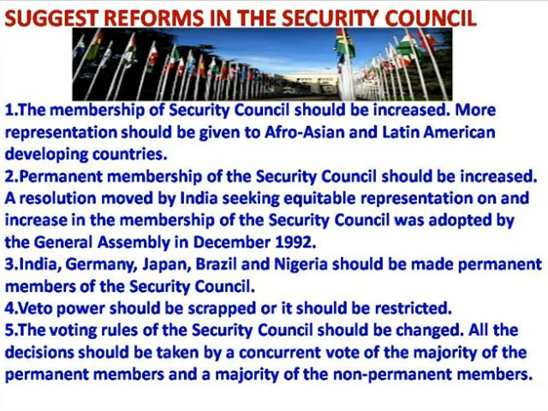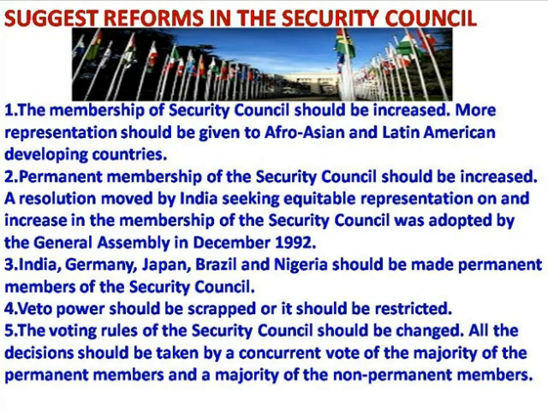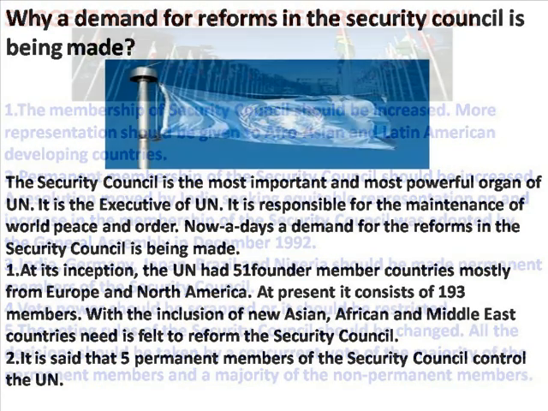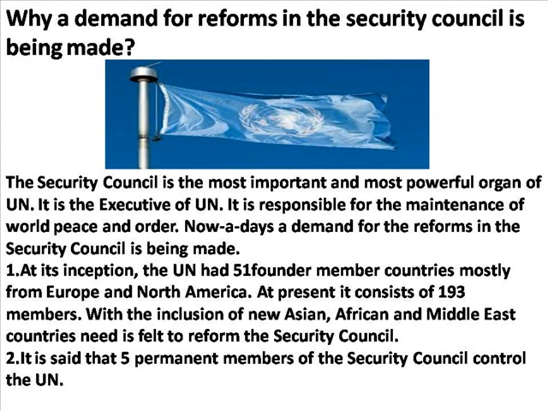Fourth, veto power should be scrapped or it should be restricted. Last, fifth one, the voting rules of the Security Council should be changed. All the decisions should be taken by a concurrent vote of the majority of the permanent members and a majority of the non-permanent members.